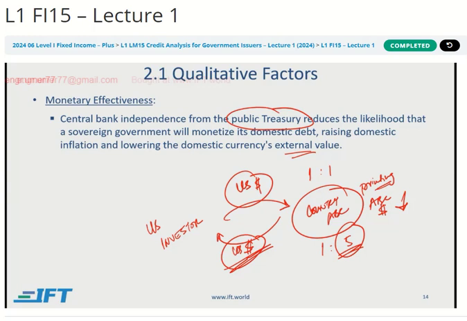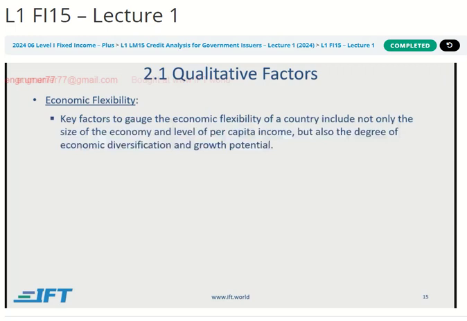So this is why we don't want any kind of influence of the Ministry of Finance on the central bank, right? We want the central bank to be independent from the public treasury or the Ministry of Finance, which of course comes under the government, the politicians. Right, now moving on to economic flexibility.